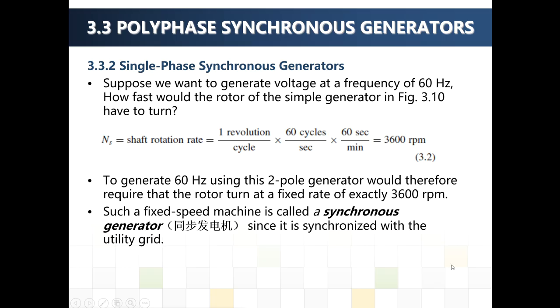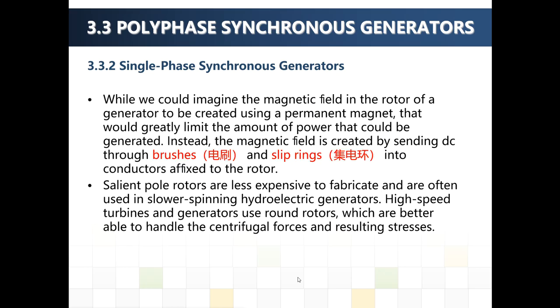So to generate 60 Hz using a 2-pole generator requires that the rotor turns at a fixed rate of 3600 RPM. This fixed speed machine is called a synchronous generator because it is synchronized with the utility grid. In the utility grid, the voltage and current are also sinusoidal waveforms at 60 Hz.